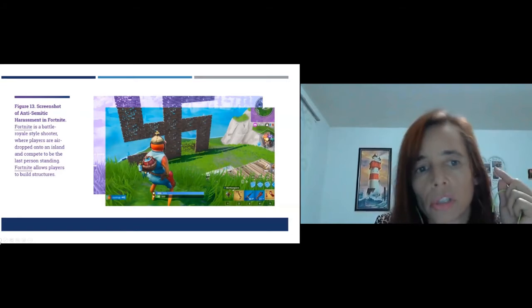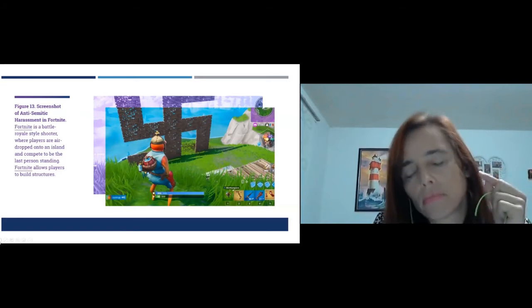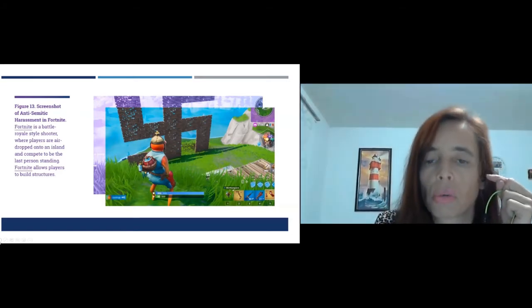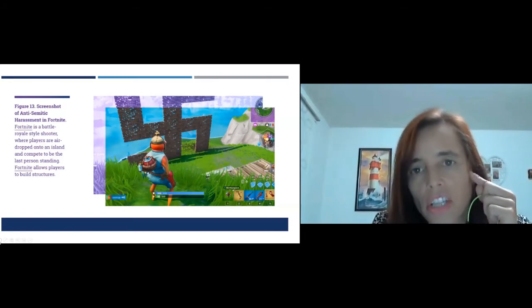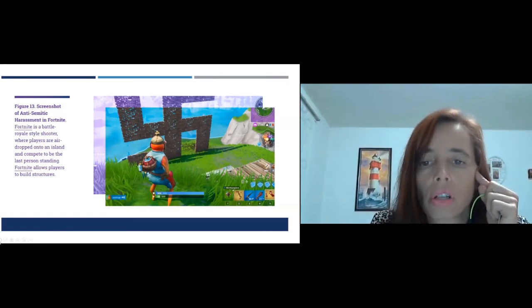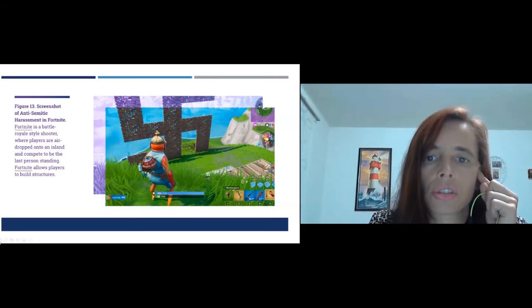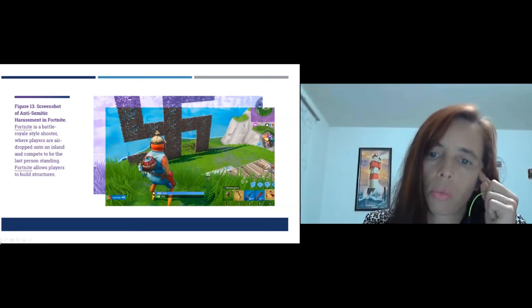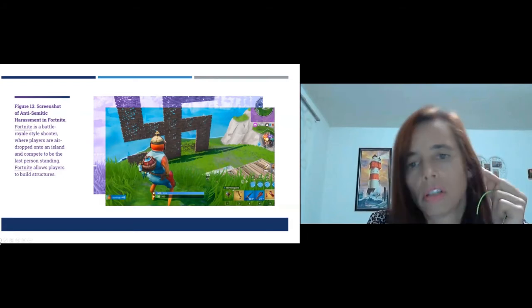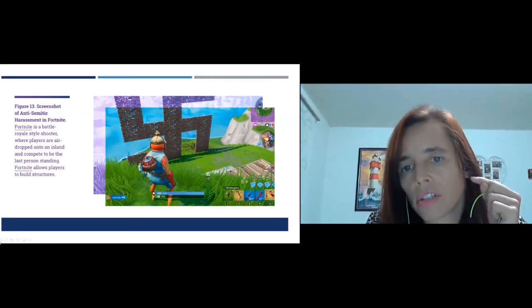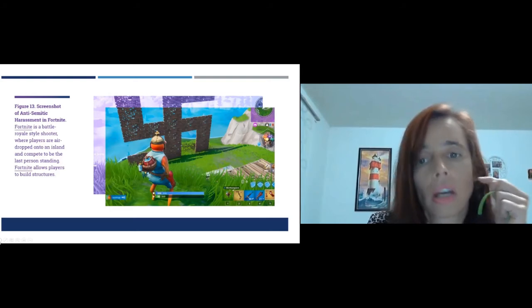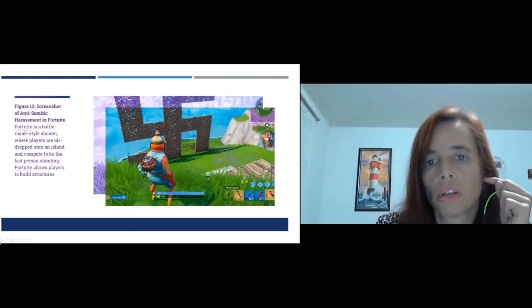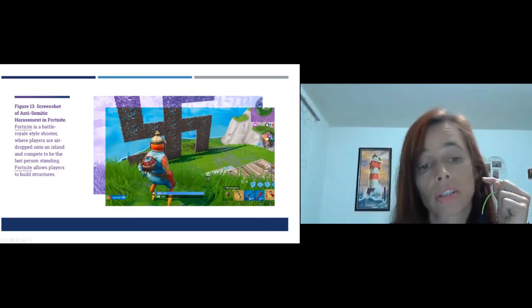Fortnite is basically a shooter, but where you can also build things, and it's kind of a last man standing game. So you're allowed to build structures, and you can see the symbol that one player has built here, which is also, if you have a look at the definition of hate speech, because it also includes pictures, an example of hate speech, because we all know what this symbol stands for.